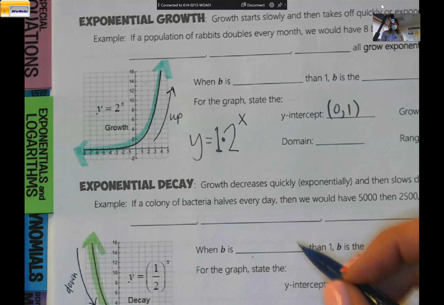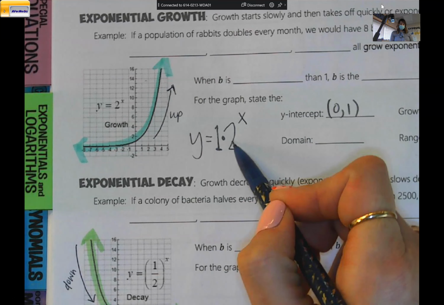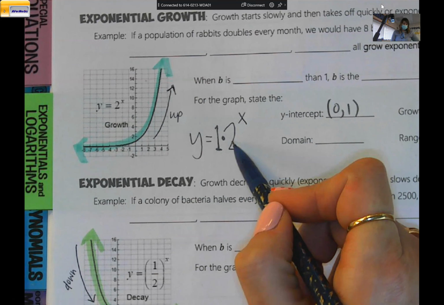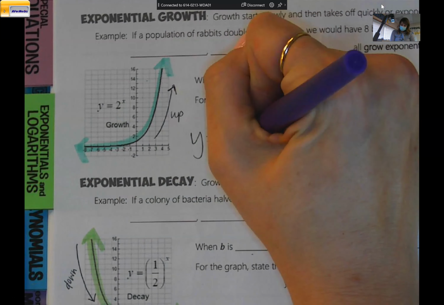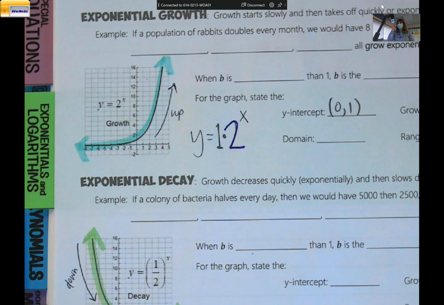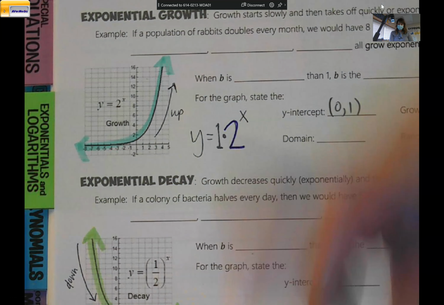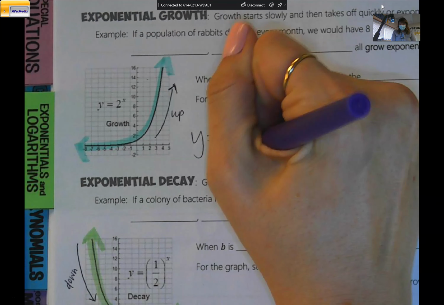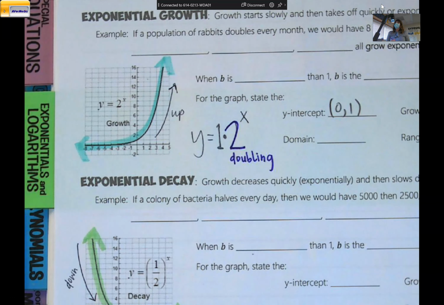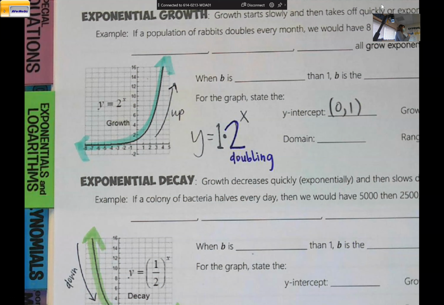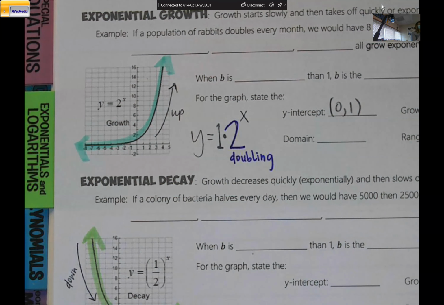This guy is your growth factor. What this 2 means is that your function is doubling over time. So if you start with 3, it goes to 6, and then 12, and then 24.